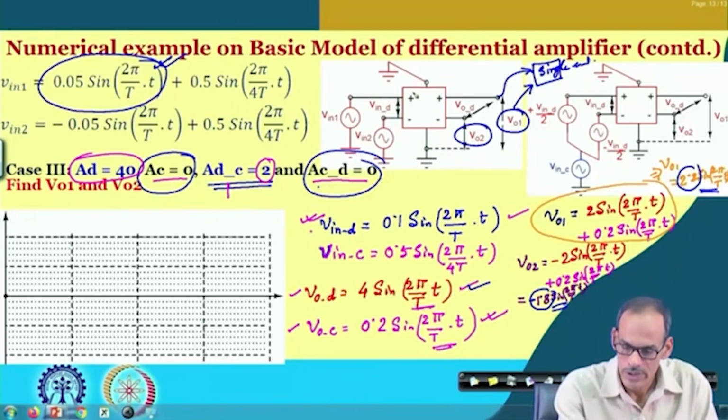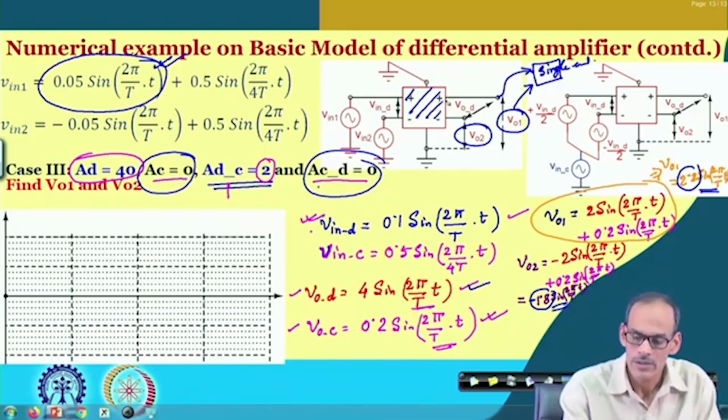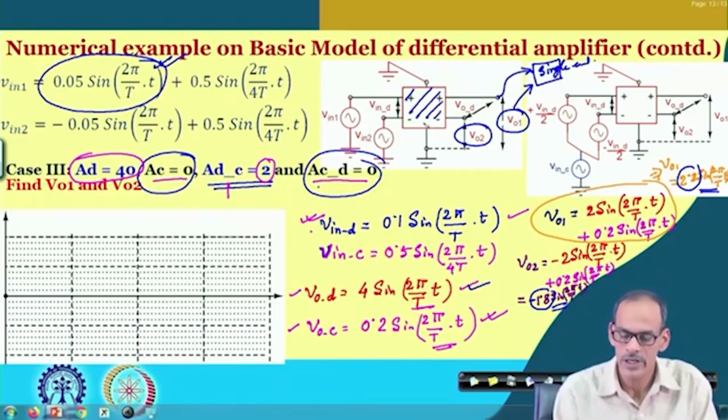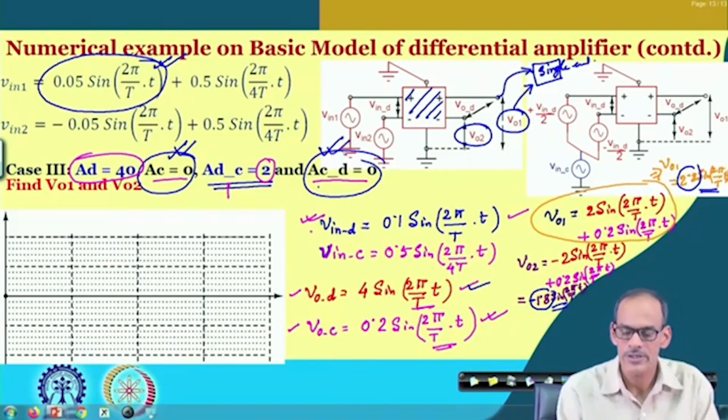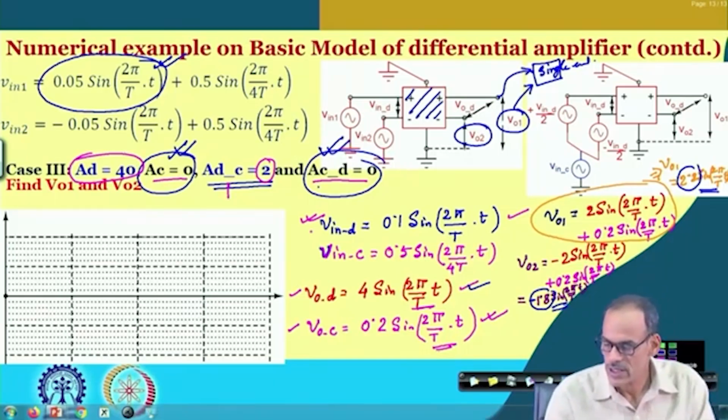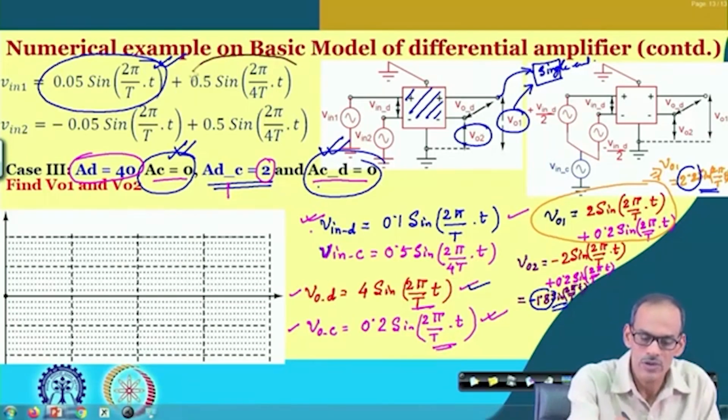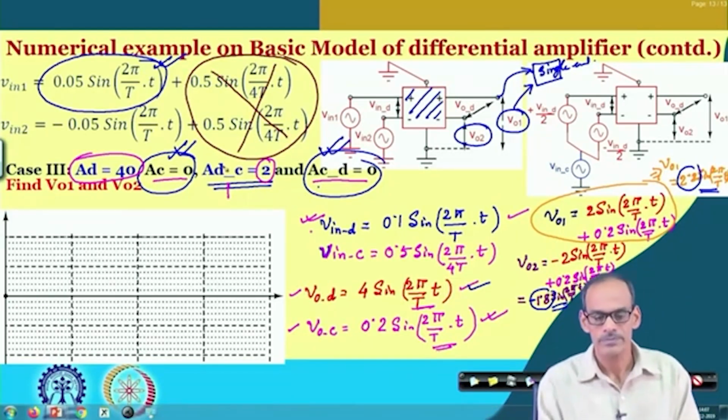So, in summary, this circuit is very nice. Just by putting this one differential amplifier having this important property, namely AC as well as ACD are 0, that completely suppresses the unwanted part. So, it completely removes this part.